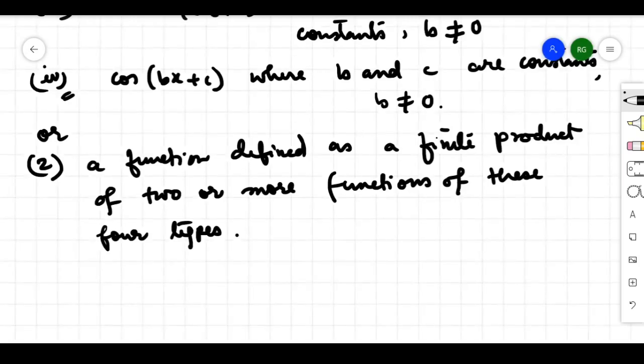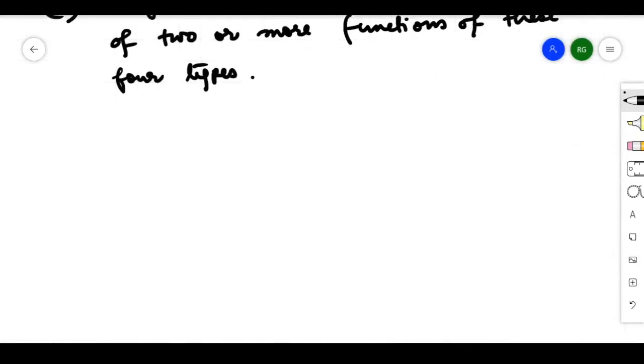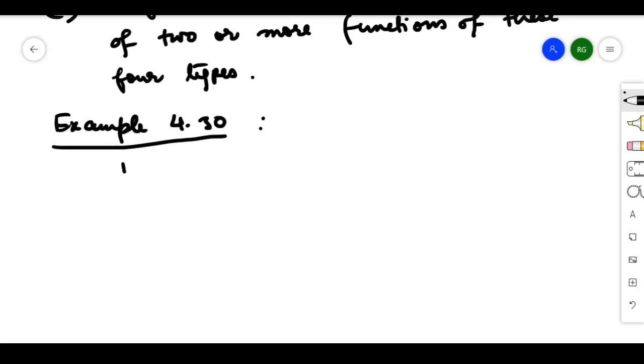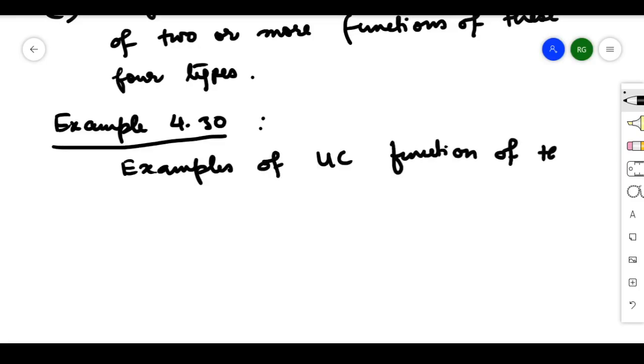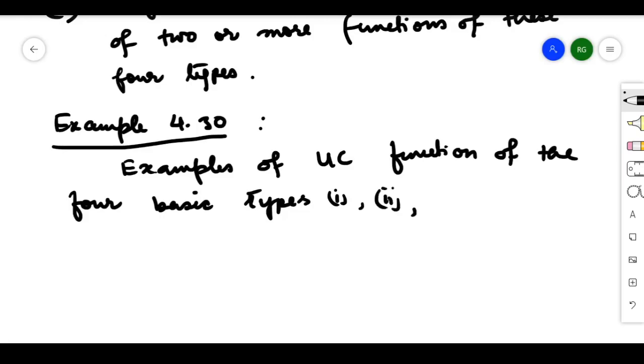So consider examples. Say example 4.30. Let us write examples of UC functions of the four basic types, 1, 2, 3, 4 of the definition.